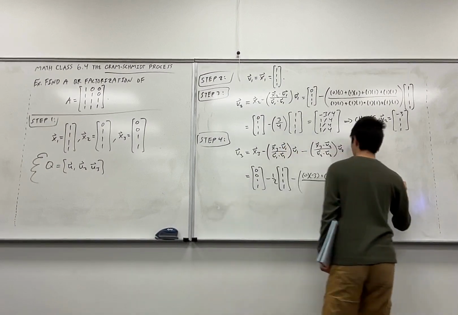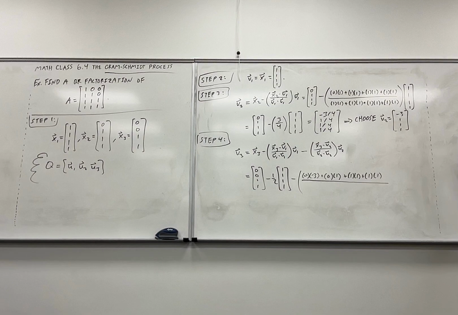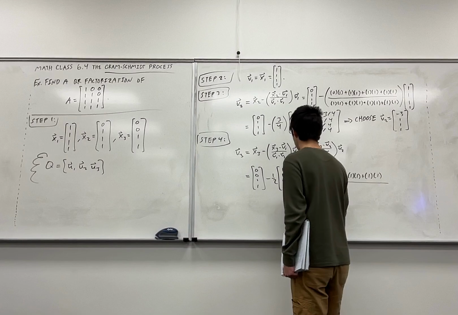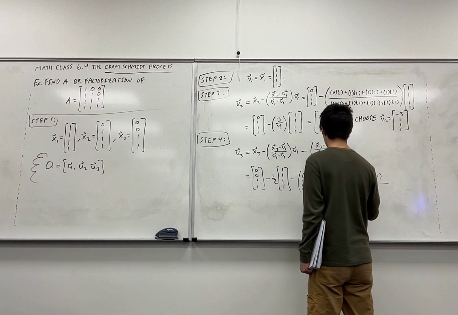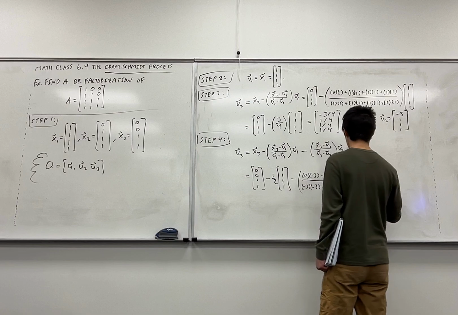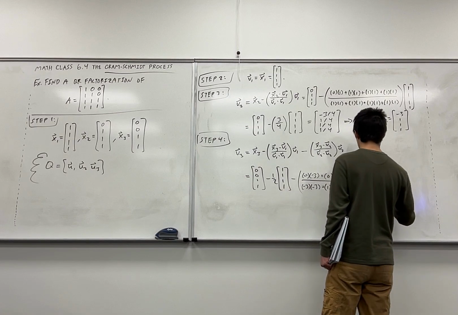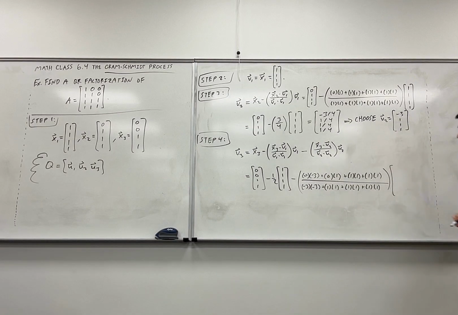And then the denominator with v2 dot v2. -3 times -3, plus 1 times 1, plus 1 times 1, that's 12. Are you using v2? Interesting. -3, 1, 1.